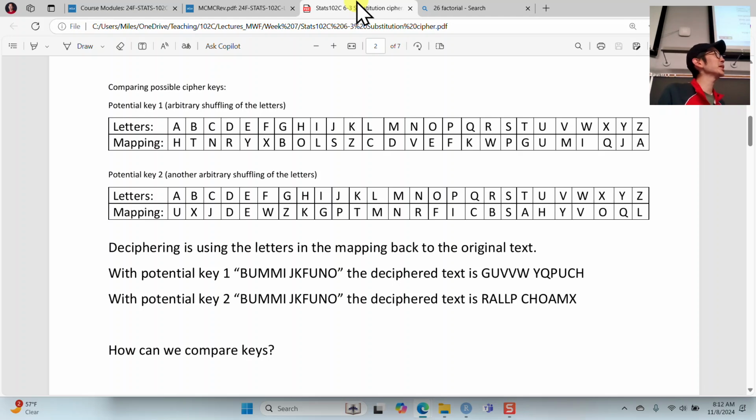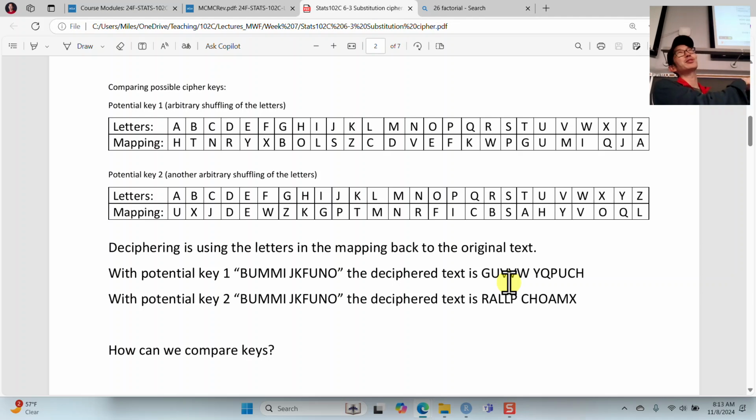But if we are able to somehow say, hey, you know what, this one key is better than another key, this can give us a direction. If we are able to say, between these two keys, this one is better and this one is worse, we should head in this direction.